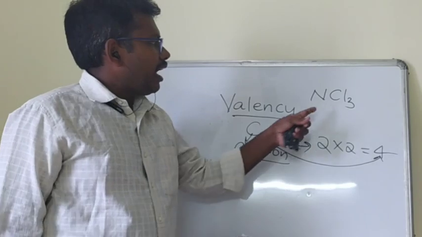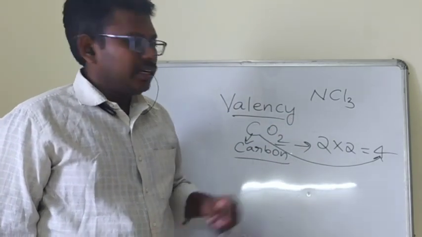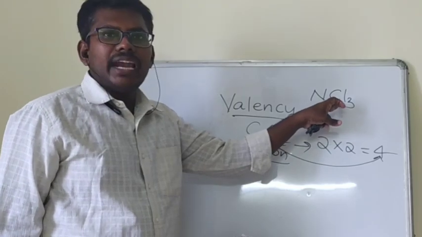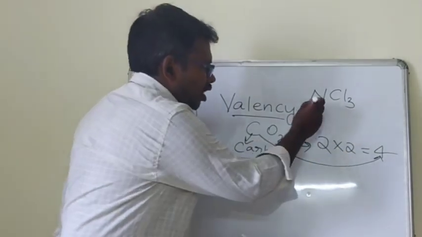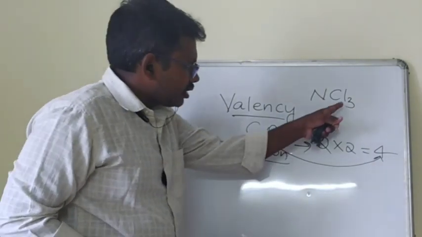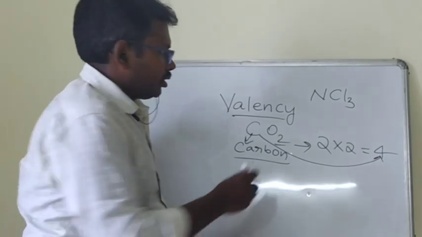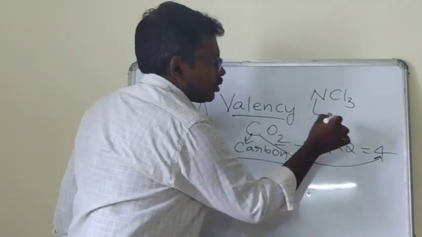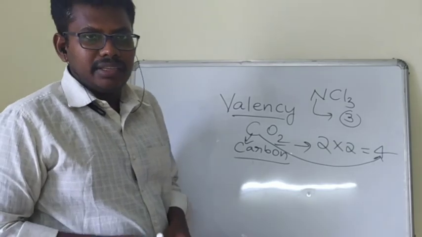In this, how many chlorine atoms are there? 3 are there. So the valency of nitrogen is 3.